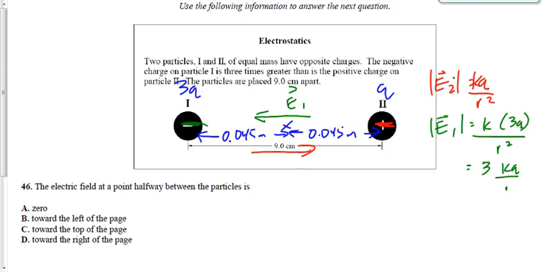In other words, E1 is 3 times the value of E2. Got it? So this one would be about 3 times bigger, and the net field would clearly be to the left. Okay. Let's try another one. This one is number 50.